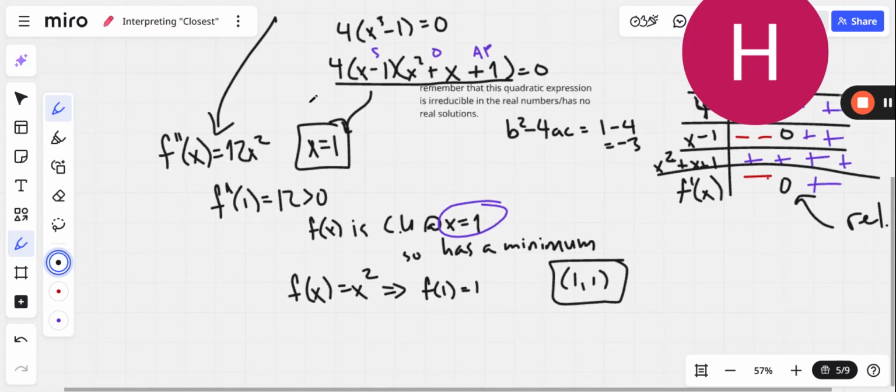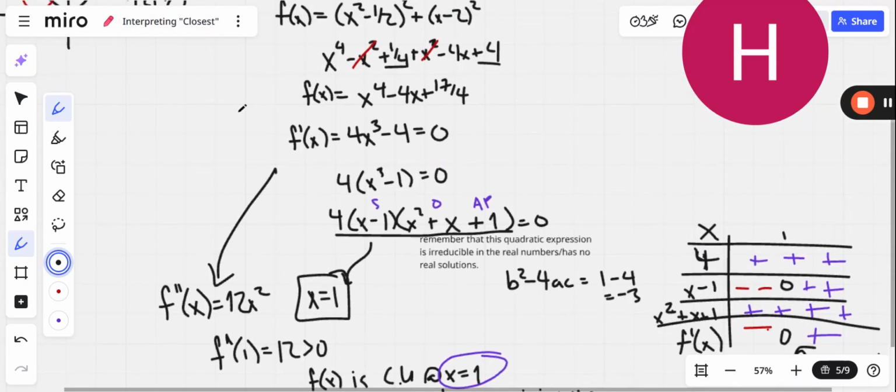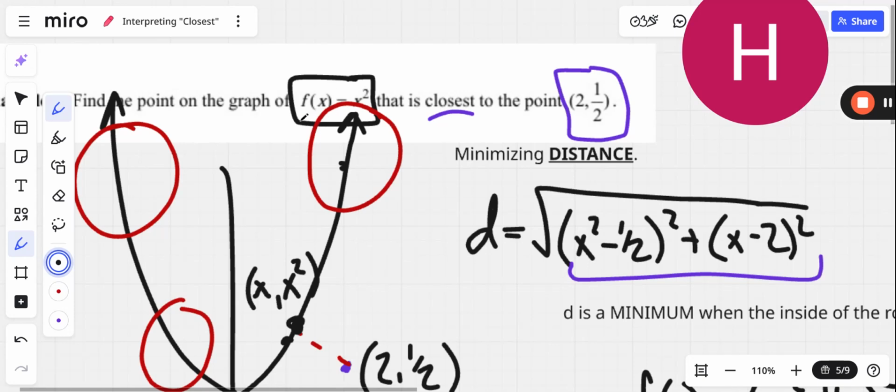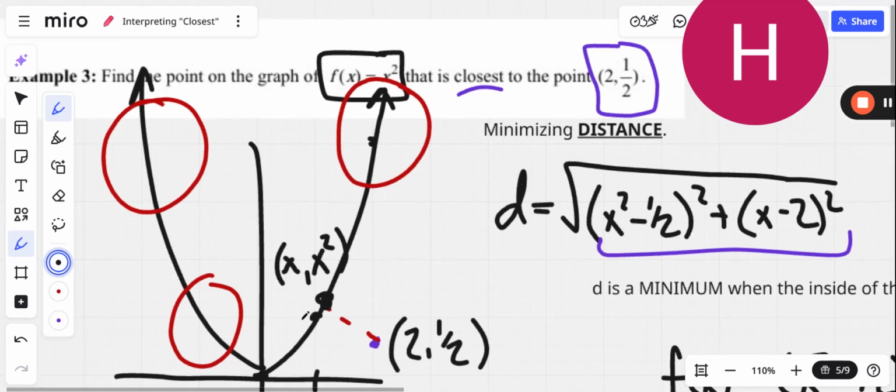So even though we got really nerdy and described closest in terms of the distance formula, it makes perfect sense to do so, right? Because the distance formula tells us the distance between 2 points, even if one of those points is not a specific point. It's a point on a graph, so its coordinates are simply x comma f of x. Whatever the function is, that's what it's going to do to the x, so that's what the y value is going to be.